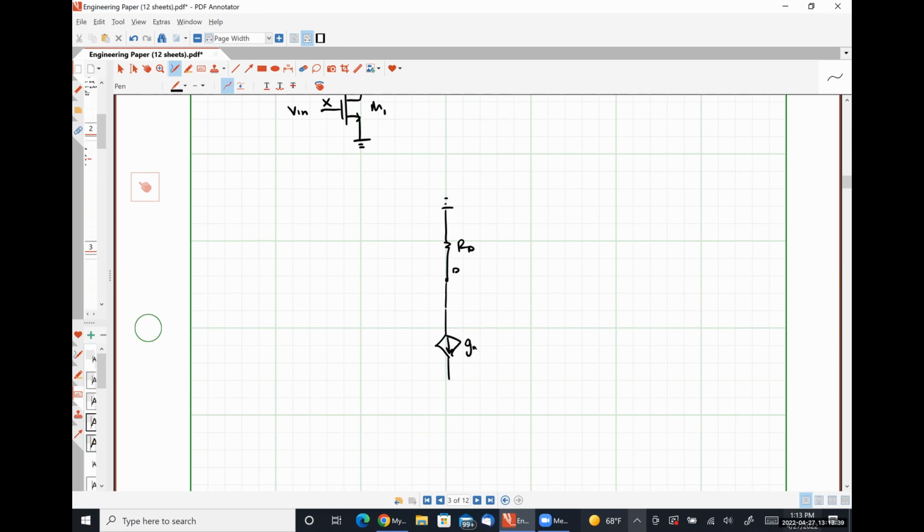And then we would have GM2 VGS2, and then plus minus VGS2 like so.